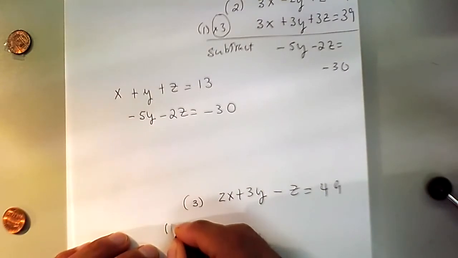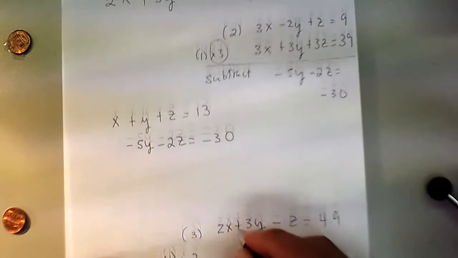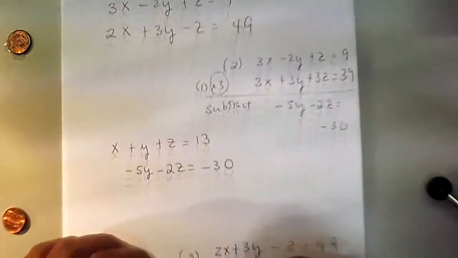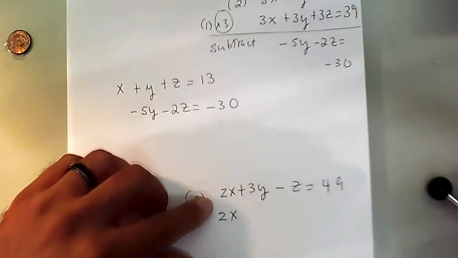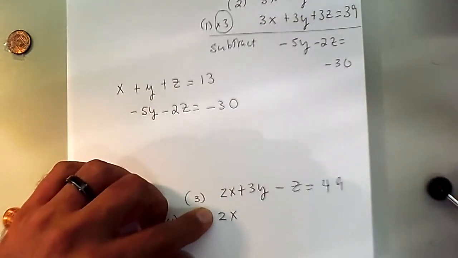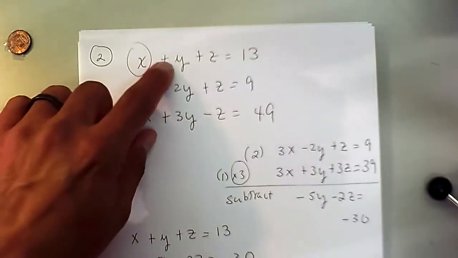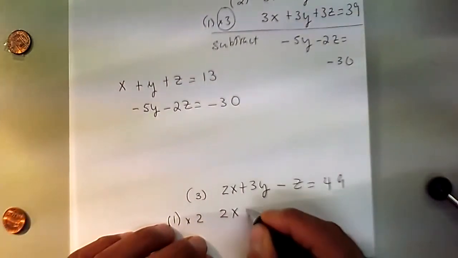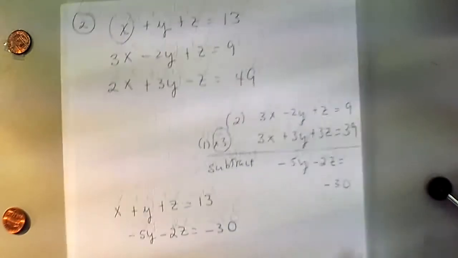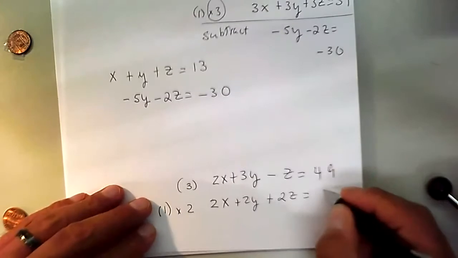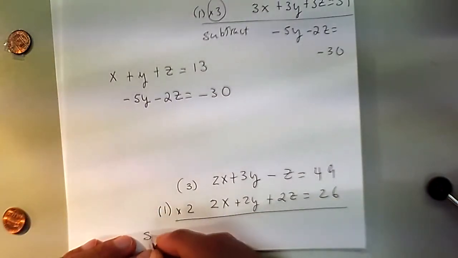So we end up with 2x plus 2y plus 2z equals 26. See, the goal is to end up with matching coefficients for the variable we are attempting to eliminate. And then again, we subtract.